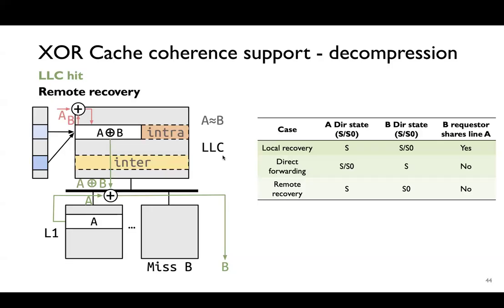Note that the coherence protocol for XOR cache guarantees that at least one line in the XOR pair has at least one sharer. This is entirely by design. Therefore, any request for an XOR line will follow one of the three cases that we covered here.